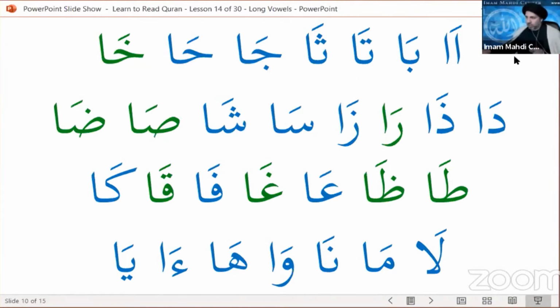So let's read it through now. We're going to read each letter with its alif long vowel sound, and inshallah, those of you who are listening will read along with us, or you can repeat after us. So here we go. A, ba, ta, tha, ja, ha. And now when we get to the green letters, we give it a full vowel.